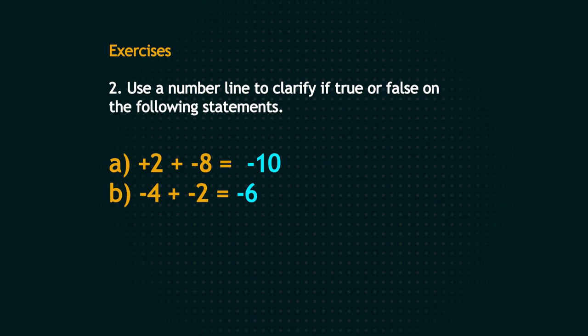We have A, positive 2 plus negative 8 is equal to negative 10. B, negative 4 plus negative 2 is equal to negative 6. That means in front of those two statements, you see whether the statement is true or false. When it is false, write false. When it is true, write true.